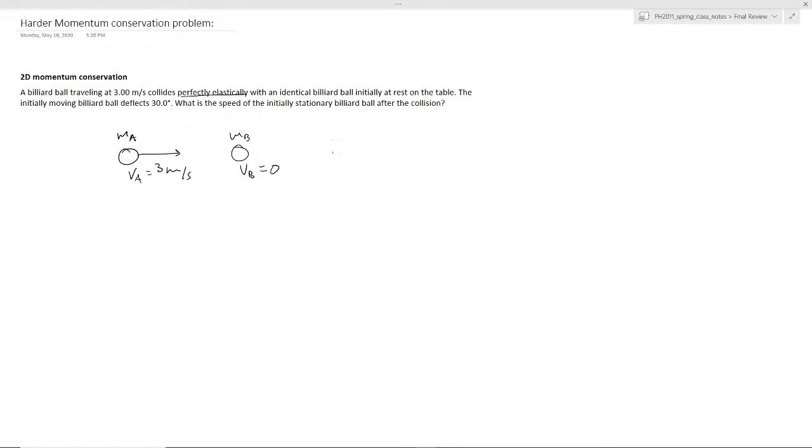And then after there's a collision, we have one ball that's traveling off at an angle, let's call this angle theta, 30 degrees.